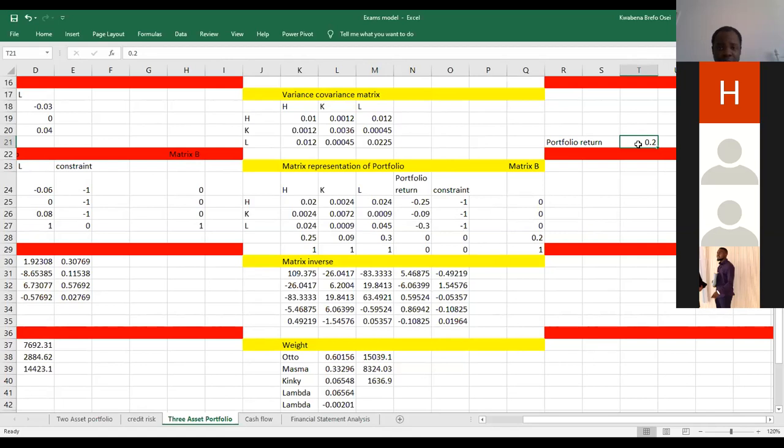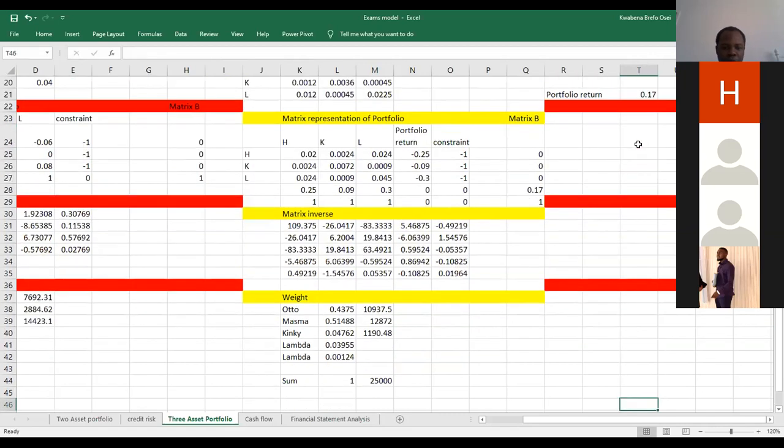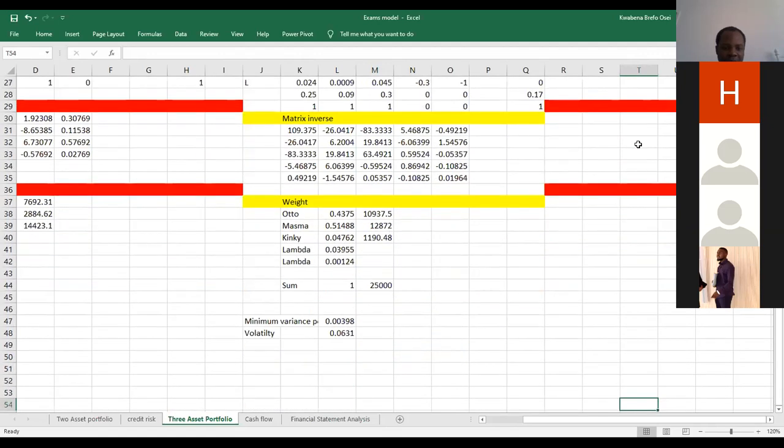Mine was 17%, 0.17. What was your portfolio variance? It was 0.0631 volatility. If you check, what is the formula for the minimum variance portfolio? Can you put in that cell?